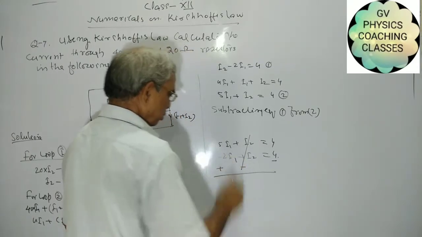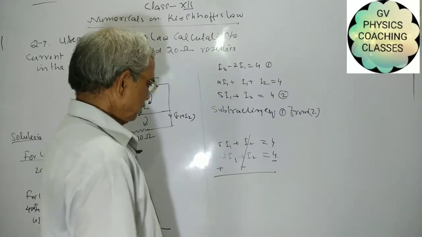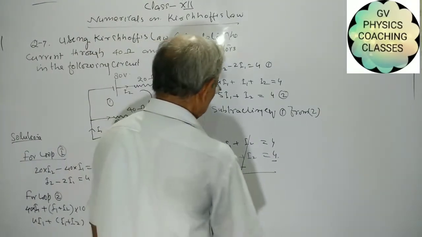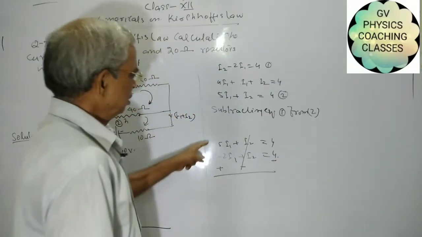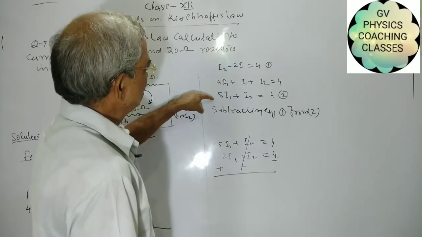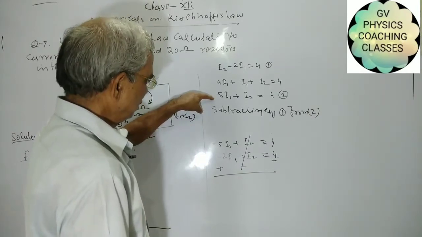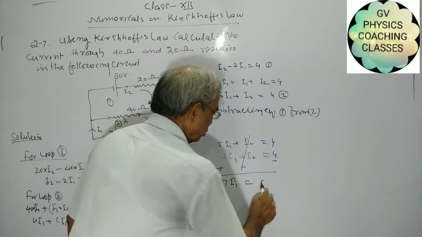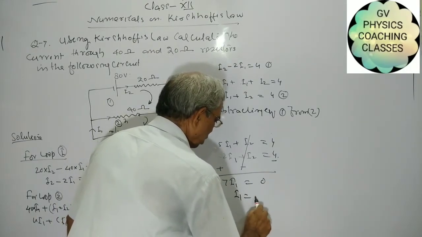So this becomes 0. This comes 7I1 is equal to 0 or I1 is equal to 0.